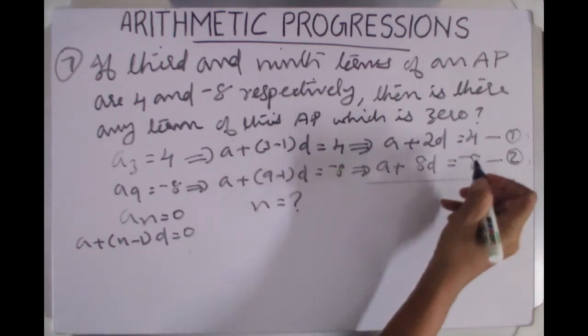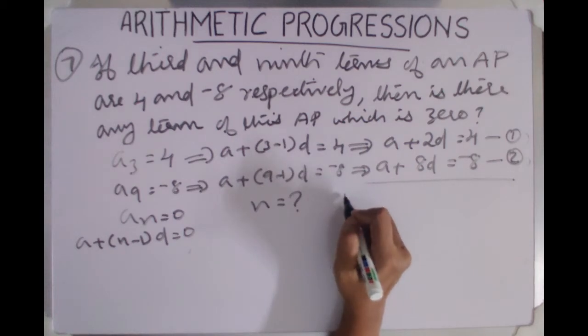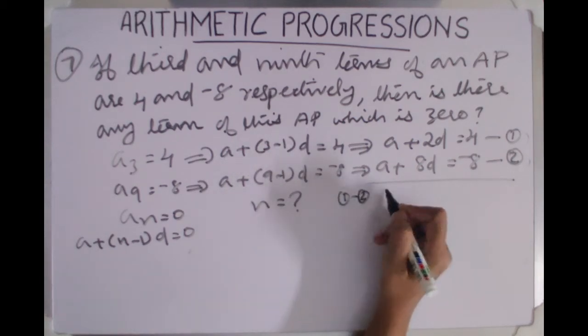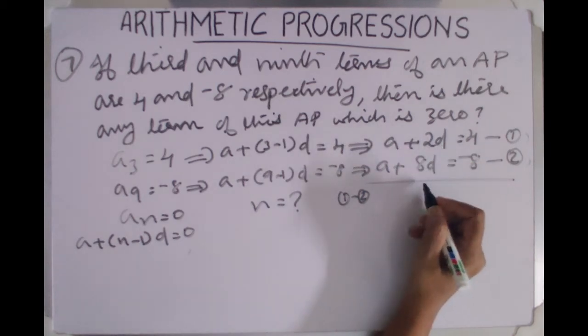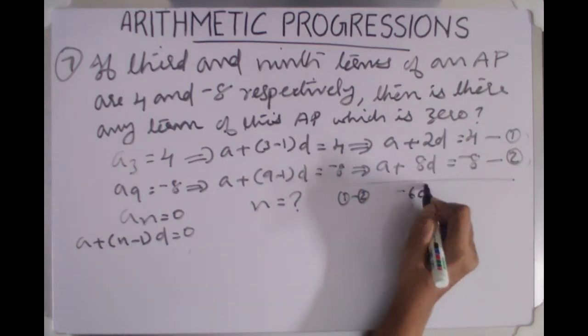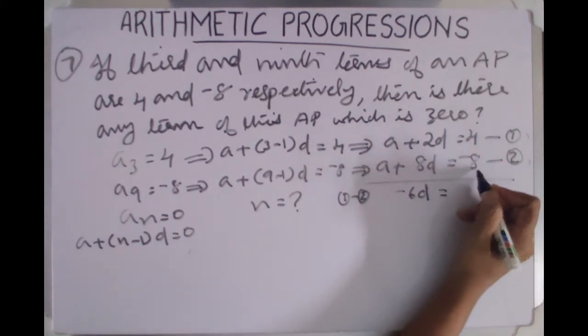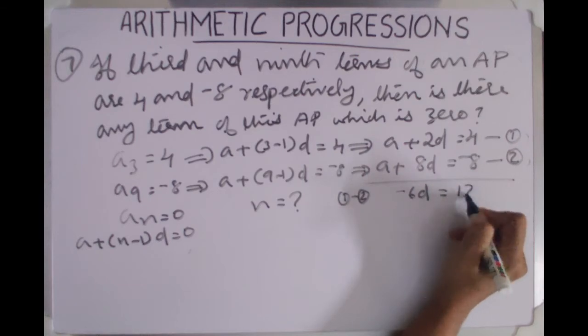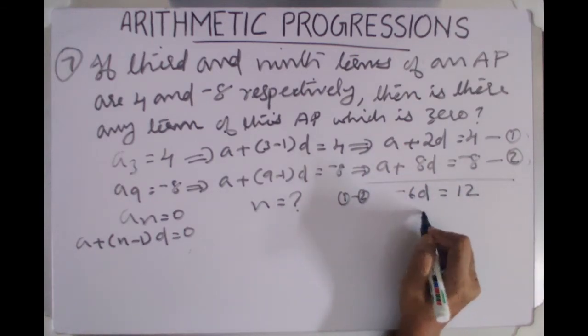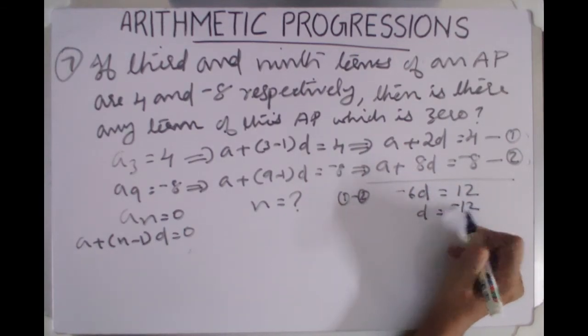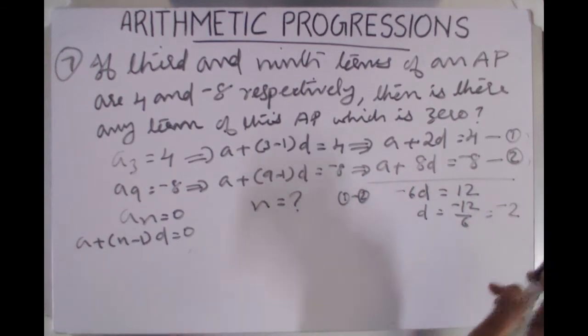Subtracting equation 1 minus 2 gives 2d minus 8d, that is minus 6d, equals 4 minus minus 8, that is 4 plus 8, which is 12. So d equals minus 12 by 6, equals minus 2.